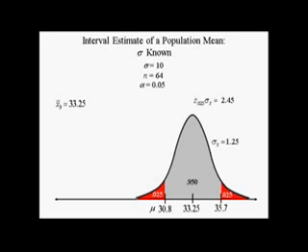Again, students oftentimes believe this means the probability of the population mean being between 30.8 and 35.7 is equal to 0.95. Again, that is not correct because the population mean is either in this interval or it is not.